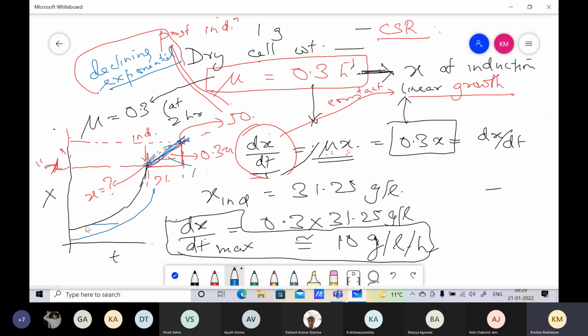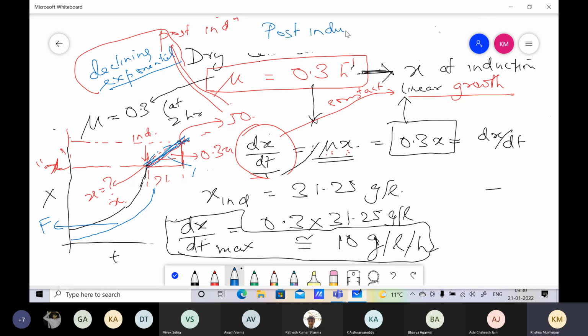This is F, and this is X. So at the point of induction, how should the feed go after induction? What should be the post-induction pattern of the feed?